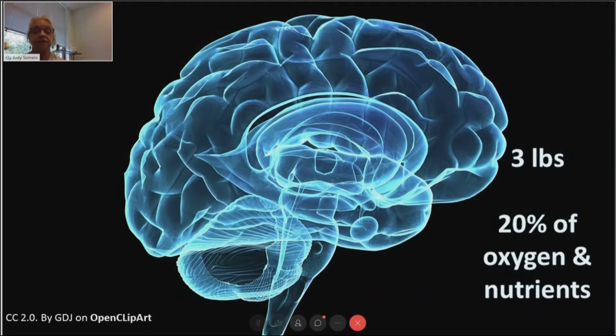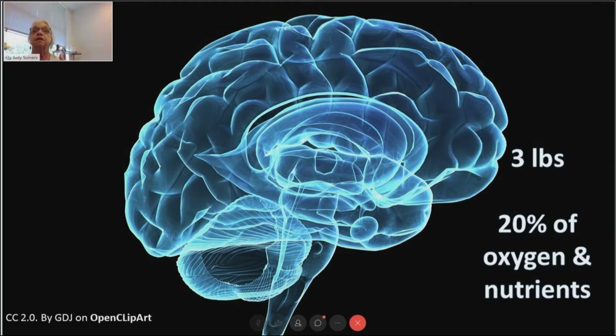So our brain is a 3-pound organ sitting up there on top of our head, and yet it consumes 20% of the oxygen that our body has, and the nutrients. And none of the cells in the brain retain oxygen or nutrients.